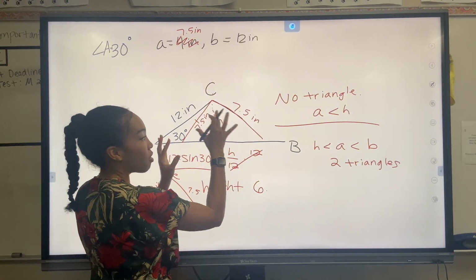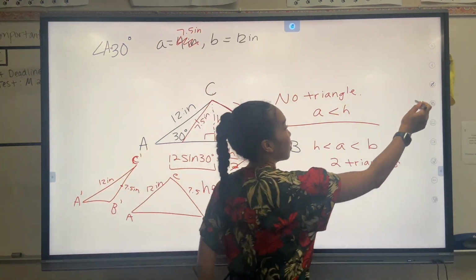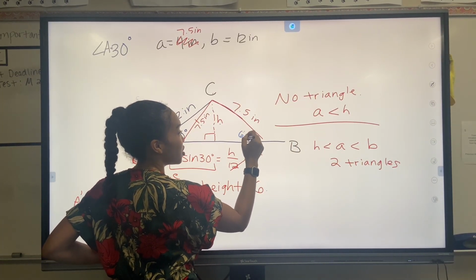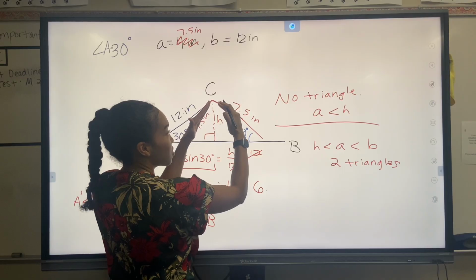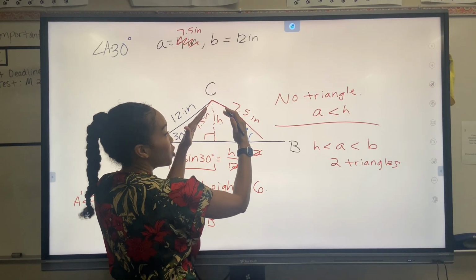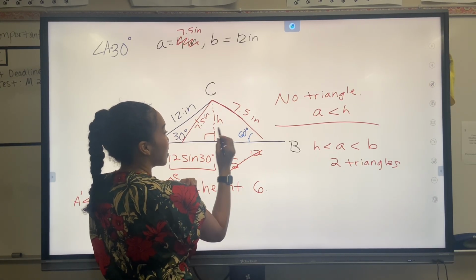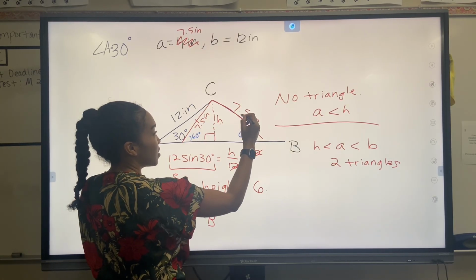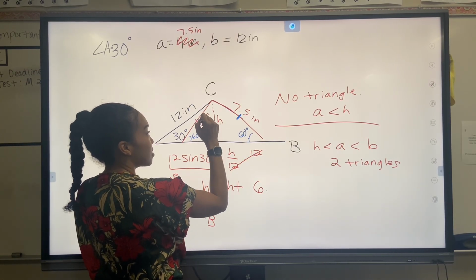Now let's just pretend here. Let's say I use law of sines and I figure out that this angle right here is 60 degrees. Guys, this is an isosceles triangle right here. So if this angle is 60 degrees, that means this angle right here is 60 degrees. If this is 7.5 inches, this is 7.5 inches.